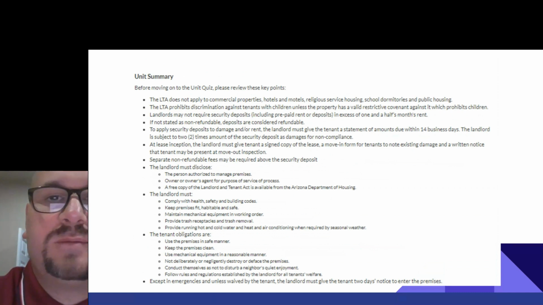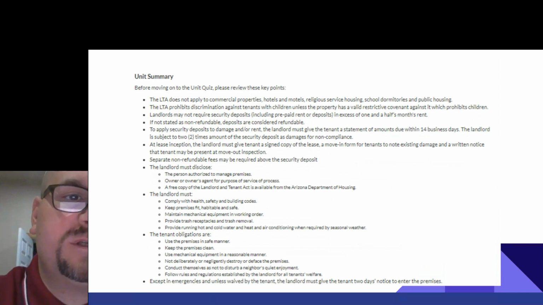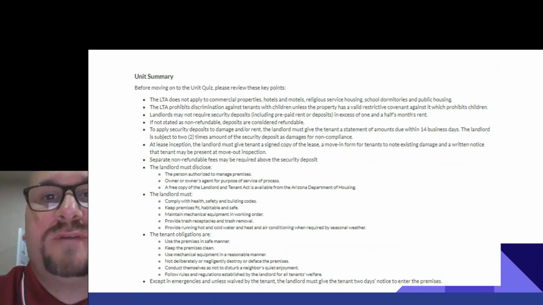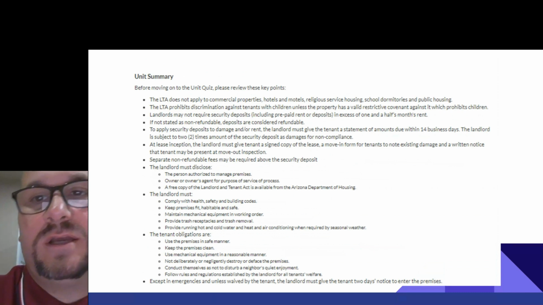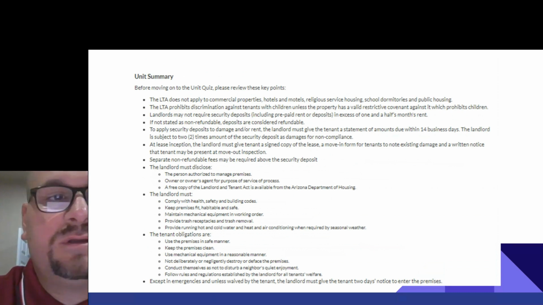Right, so LTA doesn't apply to those. LTA prohibits discrimination against tenants with children unless the property has a valid restrictive covenant against it in which it prohibits children.